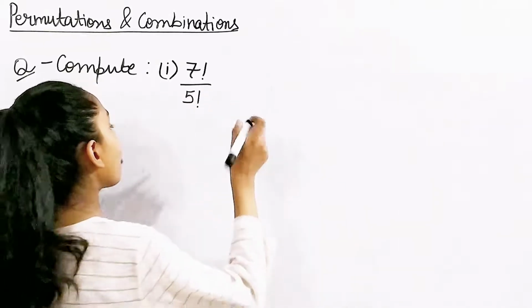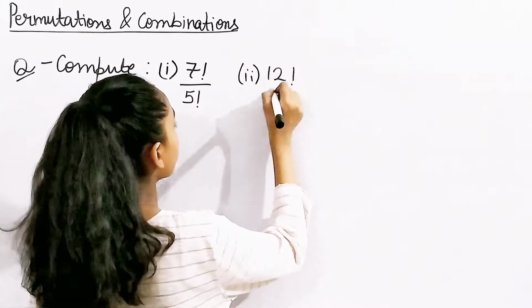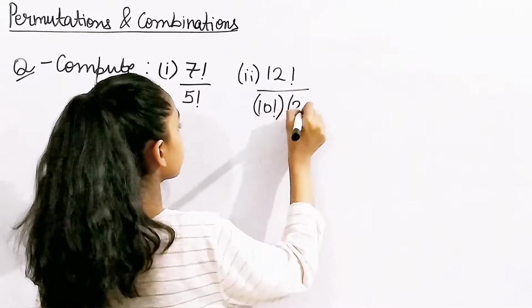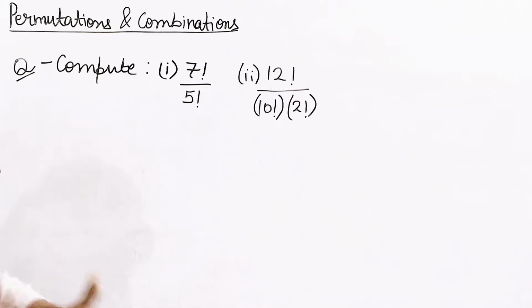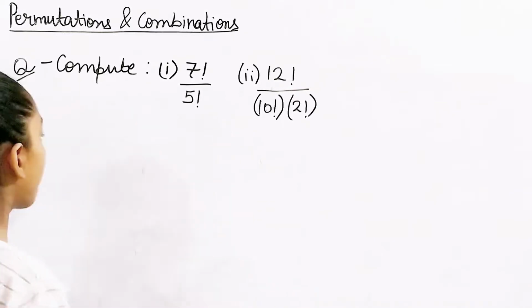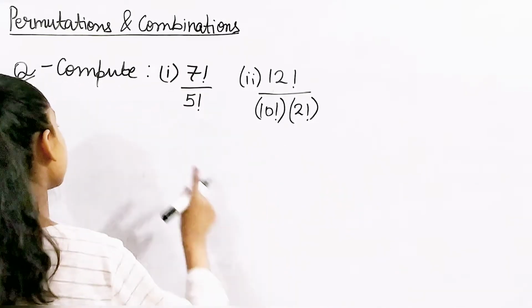We have the second part, which is 12 factorial by 10 factorial into 2 factorial. So this is what we have. Let's solve these first 2. So 7 factorial upon 5 factorial.